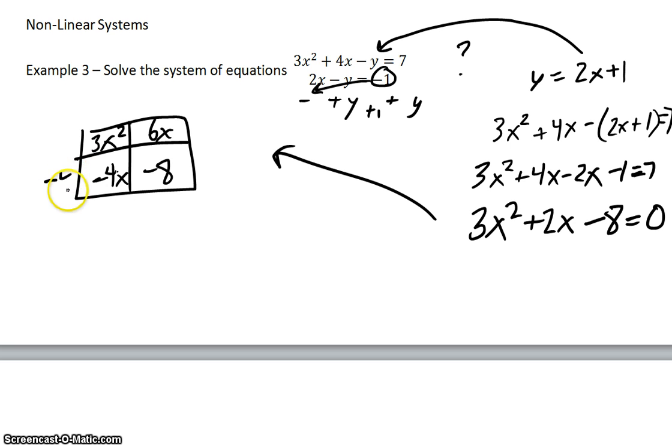So these have a negative 4 in common. These have a 3. These have a 2x in common. These have a 2 in common. These have an x.